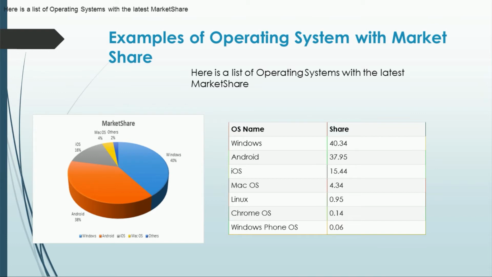For example, operation systems in the market. Windows is for everyone. The Windows operation system is easy to work with, and it always takes first place among other operation systems. Second is Android. It's also cheaper than others, and it's good for using.